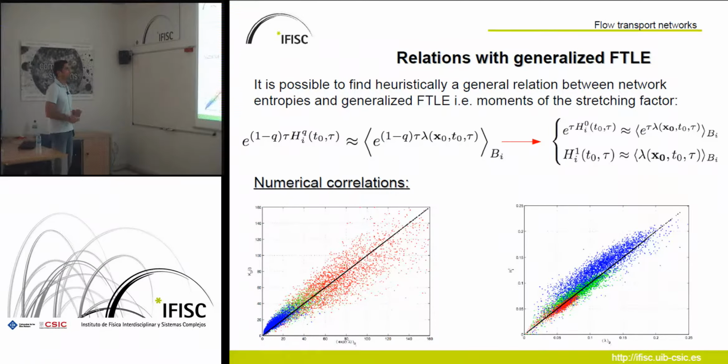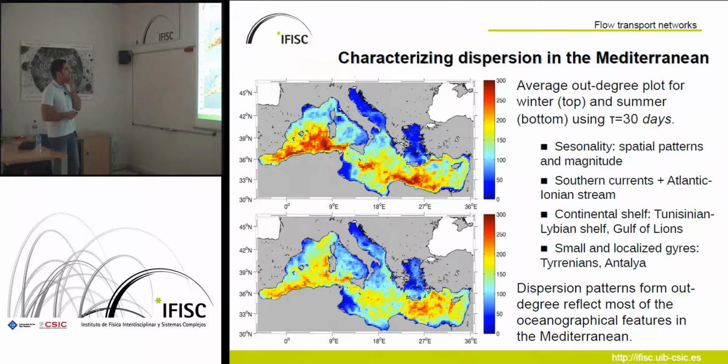We recognize well, especially in winter, the signal of the southern currents here, where we have lots of instability, mesoscale activity and dispersion, and also some small features, like the effect of the shelf break here, or some gyres in the Tyrrhenian, and the Anatolian gyres too.